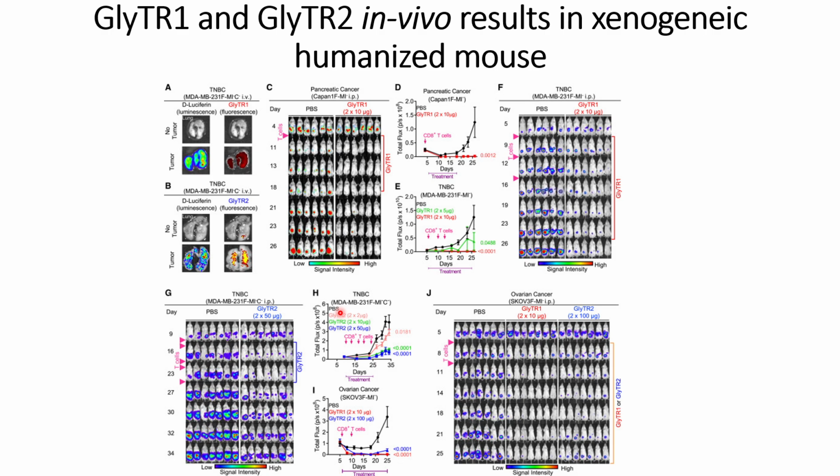However, its dosage requirements seem to be slightly higher compared to the case of GlyTR1. So I hope you understood how they validated their CAR GlyTR1 and CAR GlyTR2 constructs in the in vivo xenogeneic humanized mouse.